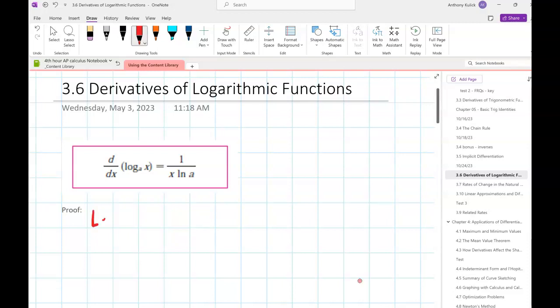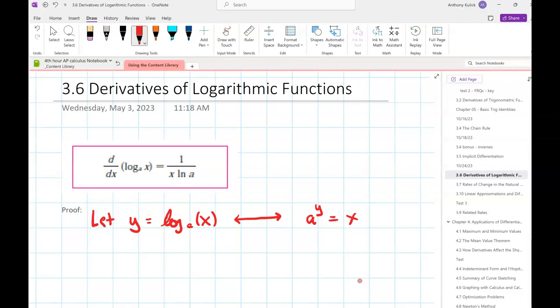So let's say that we have the function y equals log base a of x. If I apply my definition of a logarithm, I could rewrite that as a to the y is equal to x. Everybody's okay there? If I do the derivative of both sides of that equation, what do I get when I do the derivative of a to the y?